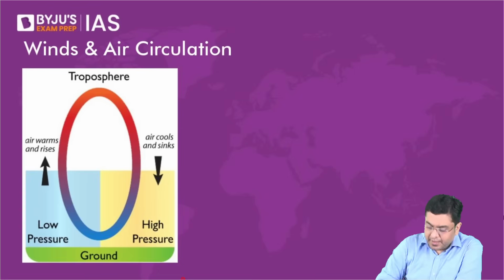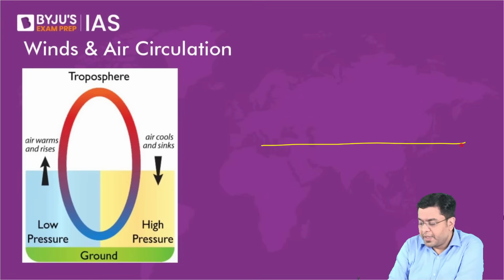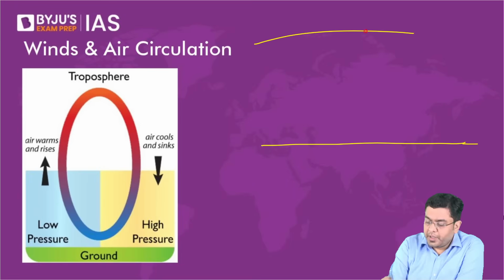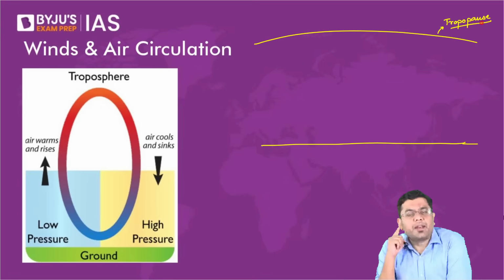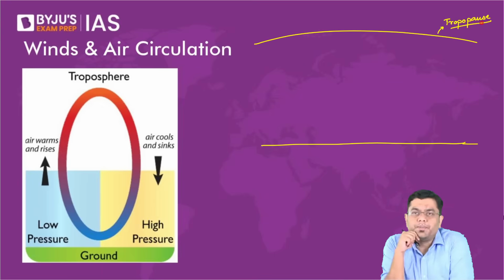Now, here, let us consider the condition in certain regions. How is it that the air circulation is attained? Let us assume this is the tropopause. Now, air will rise up till what condition?